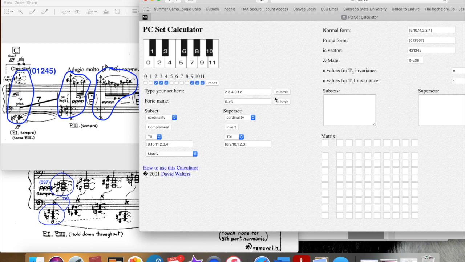So an interesting thing about this one that makes me think we should kind of draw attention to it a little differently. You can tell, first of all, look at the IC vector. We've got 4 semitones. That's a whole lot. And 2 tritones. And some other things. Every kind of interval class is present here because this is a really dissonant set. So note that we could sort of divide this in half. 0, 1, 2.